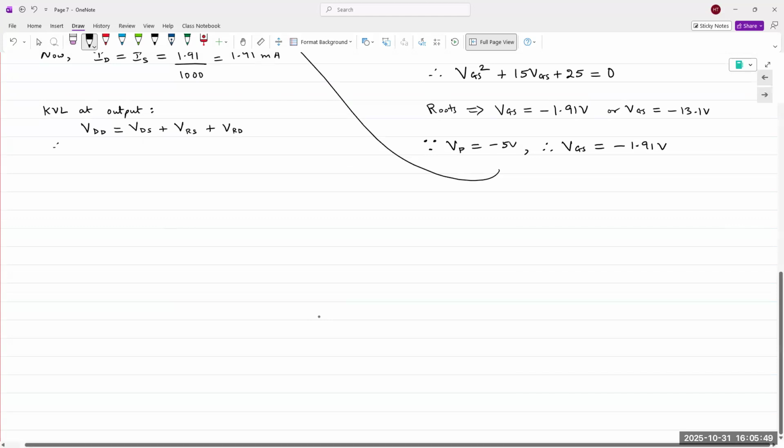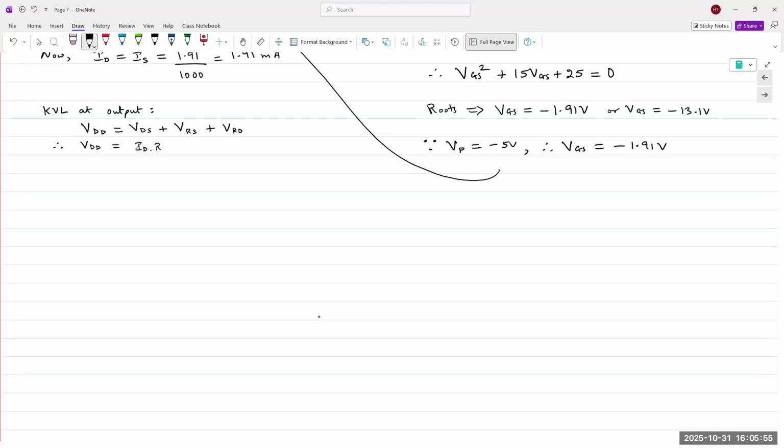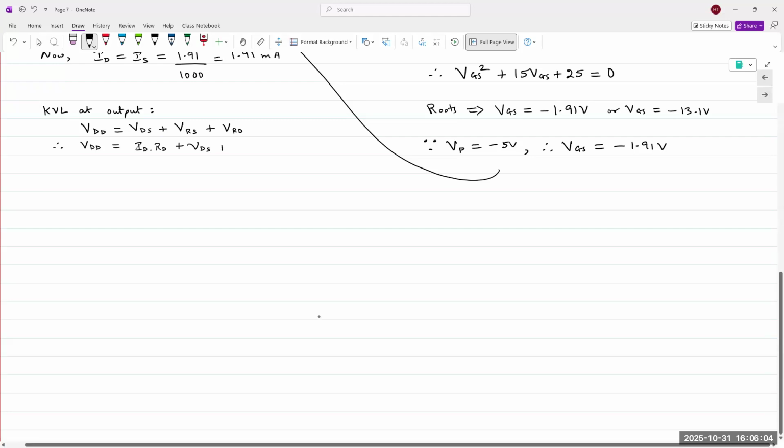And therefore, VDD is equal to ID times RD plus VDS plus IS times RS.